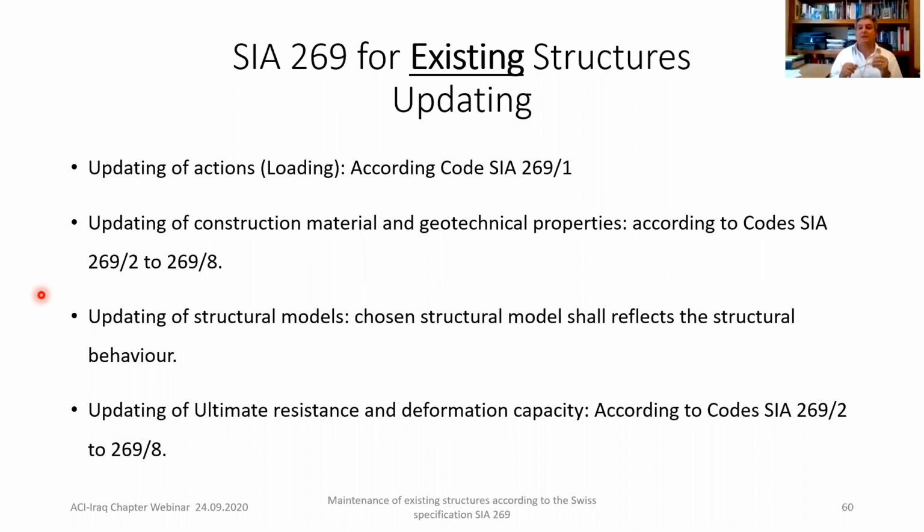The second step is mostly by the engineer himself, is to update the loads. For example, a bridge constructed in 1860, the live load is not the same in 2020. So you have to update all this information, and most important is also to update the structural model.